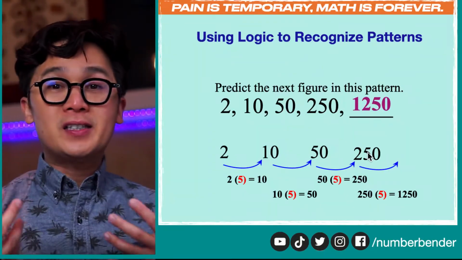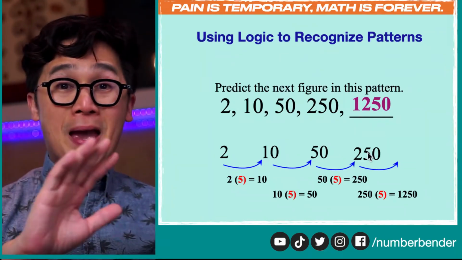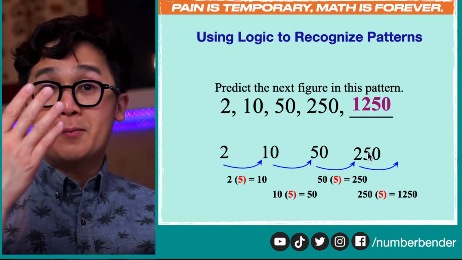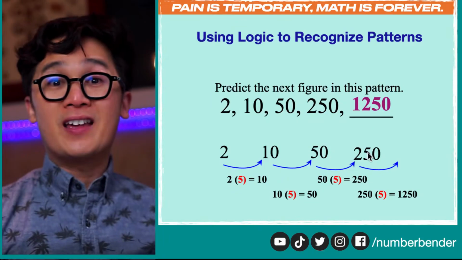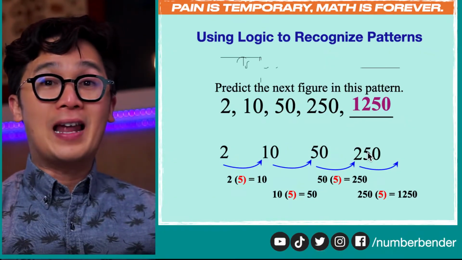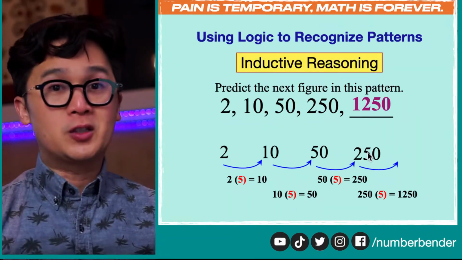So this is how we use logical reasoning by observing patterns to answer mathematical problems, similar to what we just had in the two examples. This way of thinking or reasoning is what we call inductive reasoning in geometry.